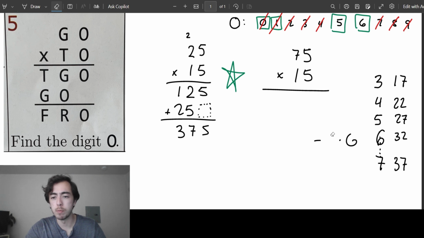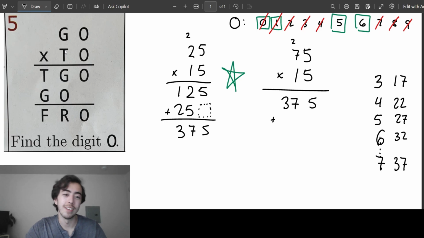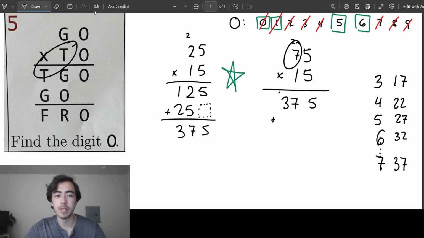And let's just run through that multiplication again just to make sure. This is still a 25. And then this is that 37 that I was talking about. But then these don't match. Okay, cool. And T had to be 1. And this number is a 3 now because the 7 is bigger.